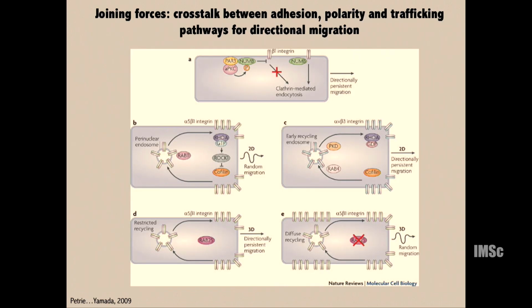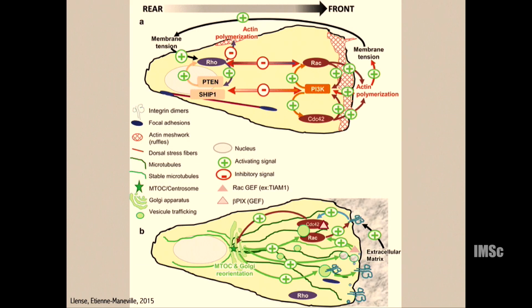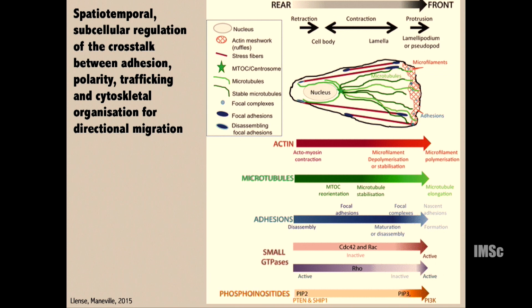Okay, so a simple way to think about how you can change the shape of a cell, for example when it has to move, is that it involves a whole complex crosstalk between things on the membrane and things like the cytoskeleton and membrane trafficking inside. And here are some cartoons that show this complexity, to the extent that you might begin to think that even within a migrating cell, you have subcellular gradients.